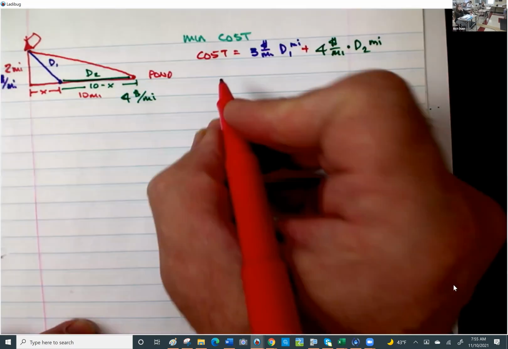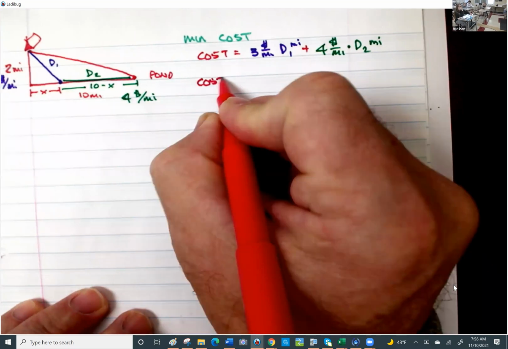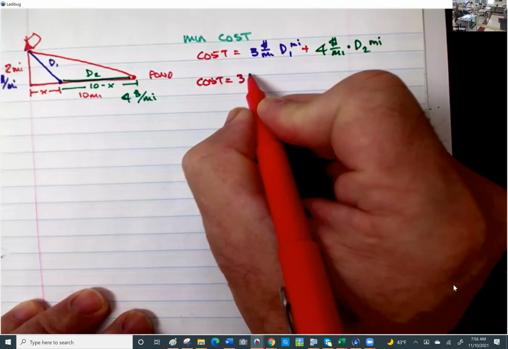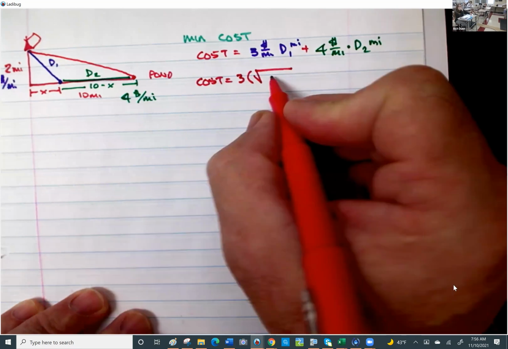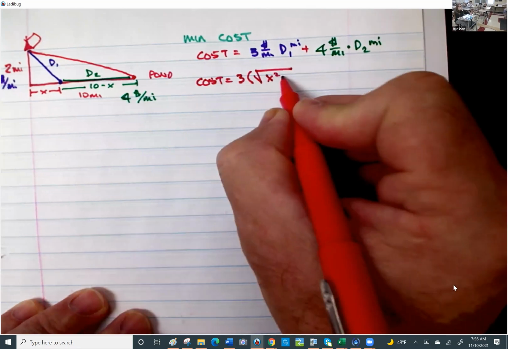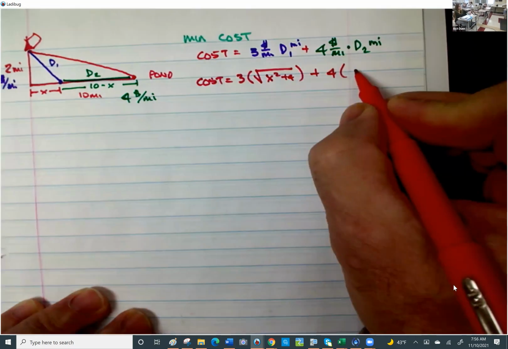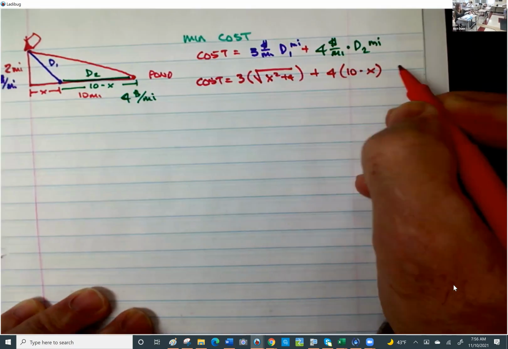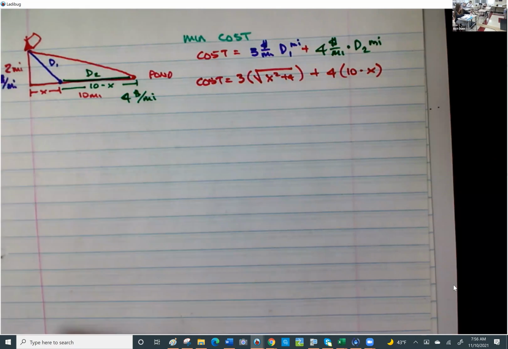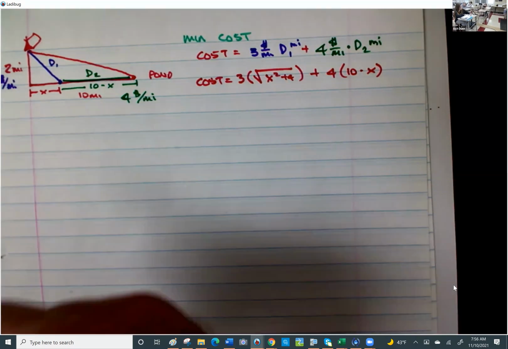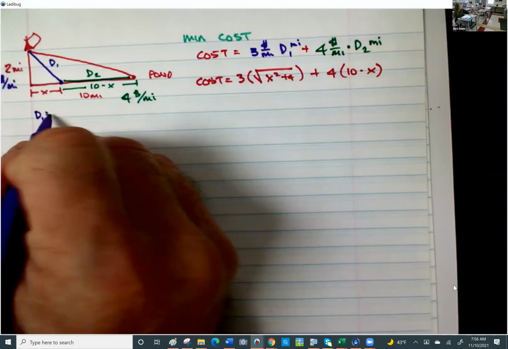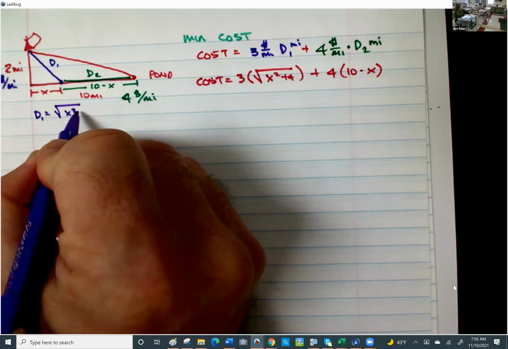same. So that we'll have this 3 times the square root of x squared plus 4, and then 4 times the quantity of 10 minus x. So again, our D1 is that Pythagorean theorem with the x squared plus 4.